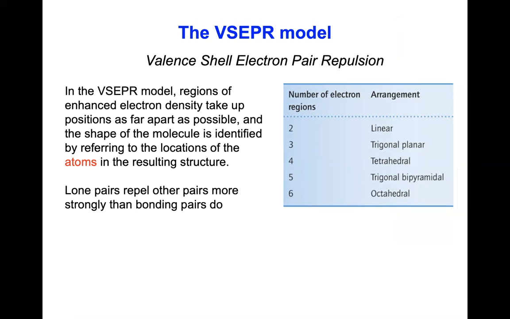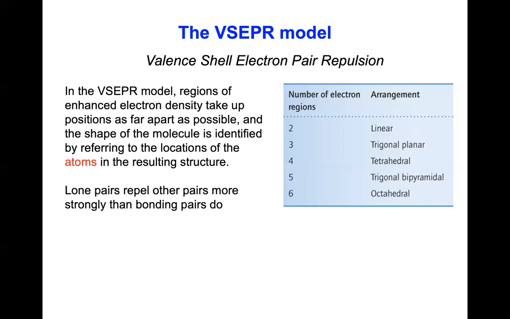for inorganic chemistry. It can be applied to simple compounds and up to more complicated molecular structures. That's what we call the VSEPR model, the valence shell electron pair repulsion principle.